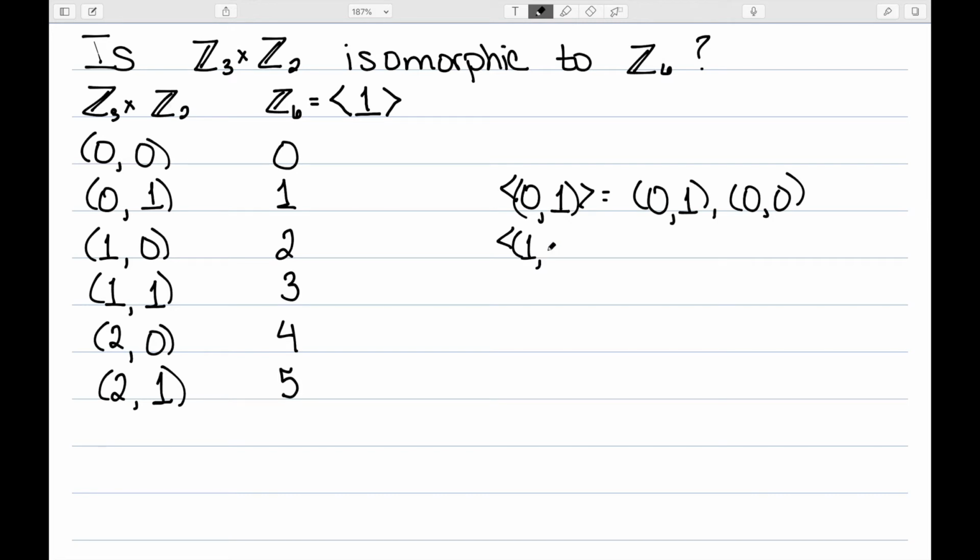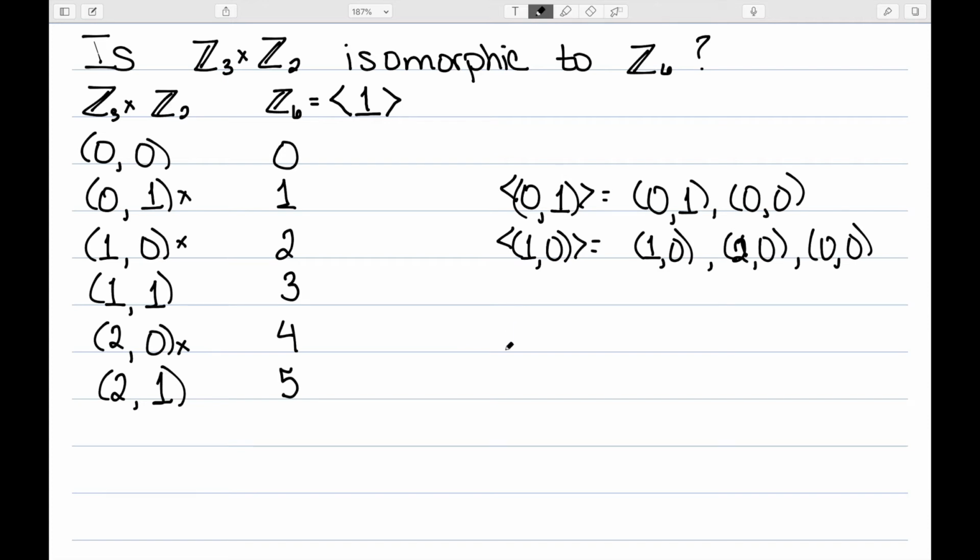Similarly, if I tried 1,0, the elements I would get would be 1,0, 2,0, and 0,0. So definitely not those. And in fact, it also can't be the 2,0 case, because once again, there's nothing in this second component to cause the second component to change.